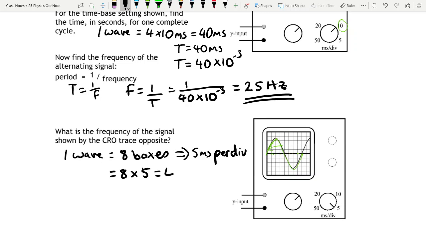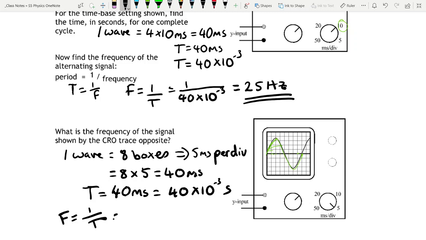So 40 milliseconds again. So time period is 40 milliseconds, so 40 times 10 to the minus 3 seconds. So the frequency is 1 over the time period, so 1 over 40 times 10 to the minus 3, which again, because maths doesn't change, is 25 hertz.